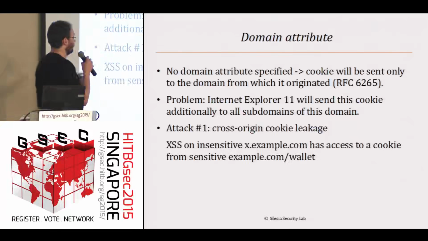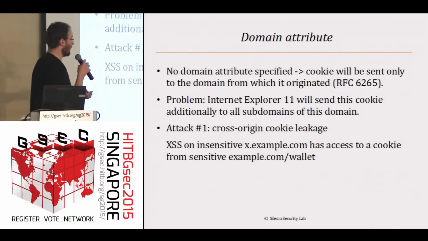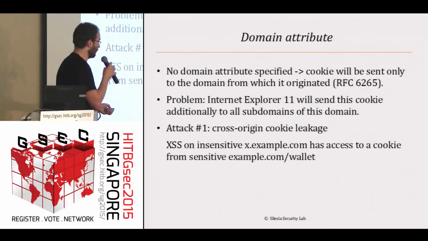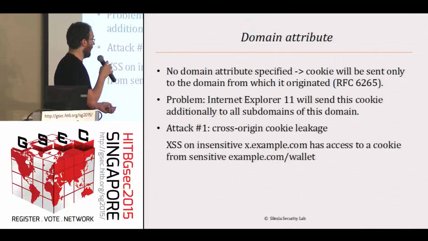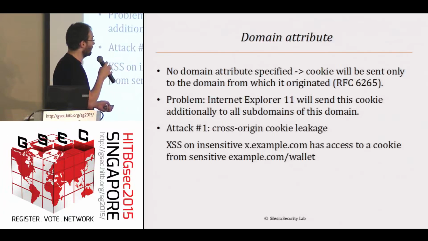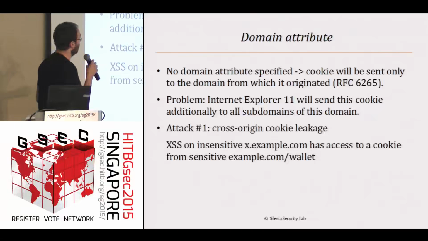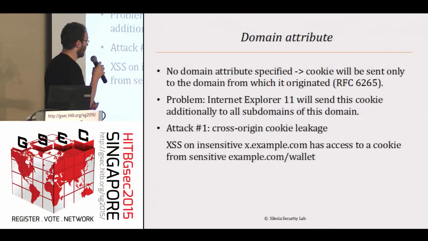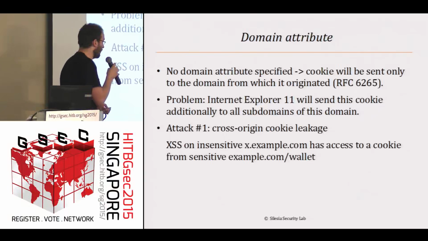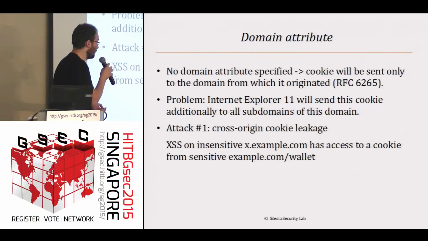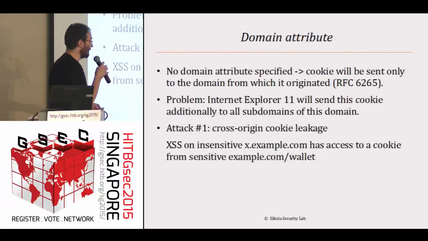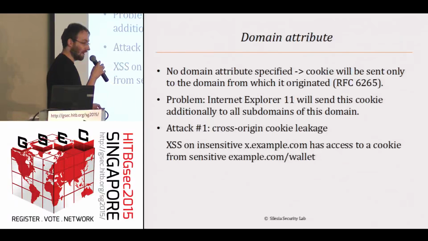But coming back to our case, here the developer was very smart, very educated, and read the RFC. And in this case, just example.com wallet, the developer did not specify the domain attribute. So now the developer is almost sure that this cookie here for example.com cannot be accessed by subdomains, right?